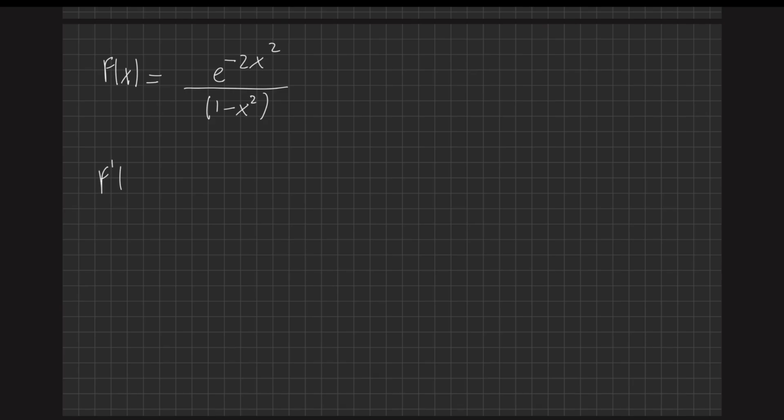So let's compute the first derivative, f prime of x. This is equal to a big fraction, because we are going to get a long expression here. It's a quotient rule, so we're going to get (1 minus x squared) all squared in the denominator.